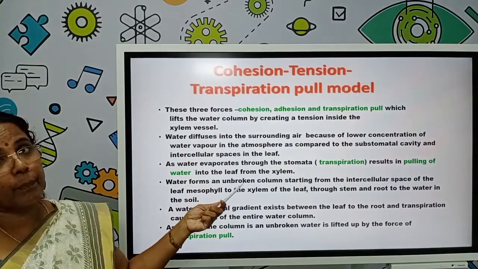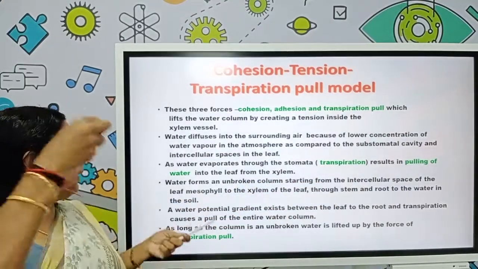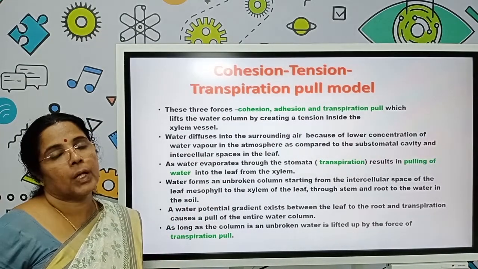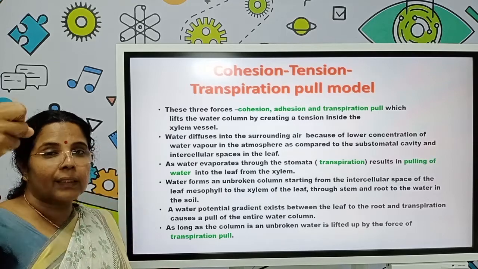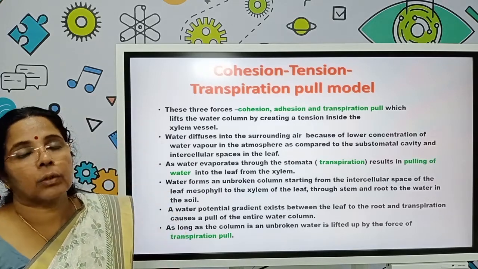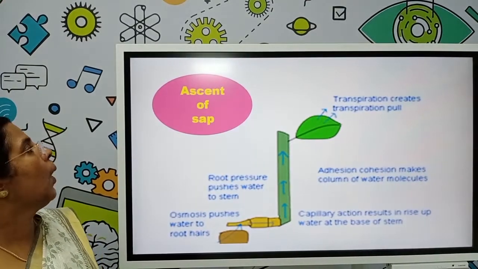As water evaporates through the stomata, transpiration results in the pulling of water into the leaf from the xylem. So transpiration creates a suction or pulling force that pulls the water through the xylem. That we call the transpiration pull.